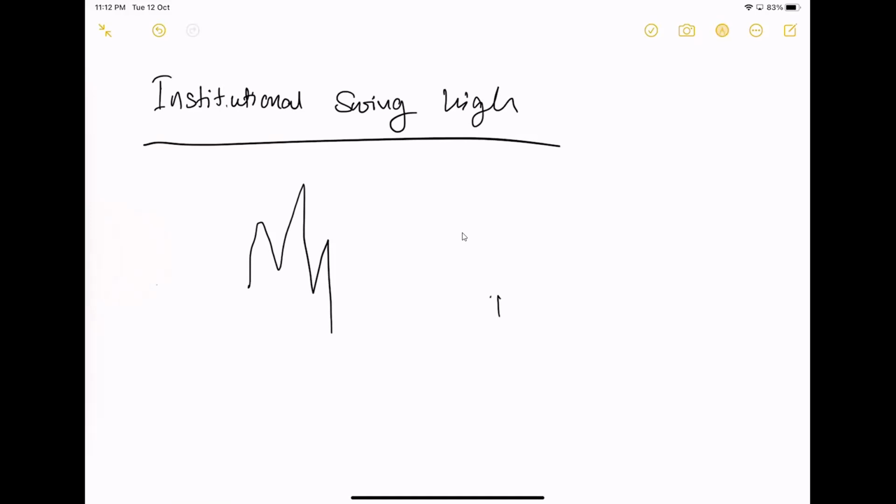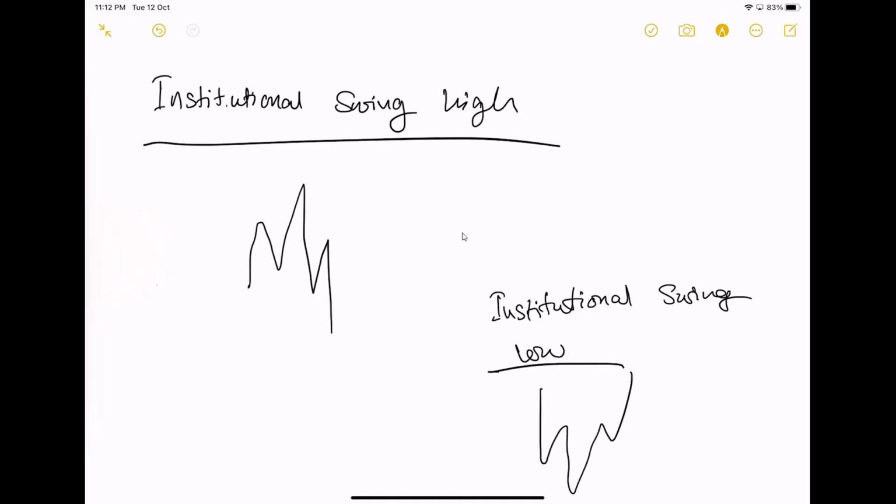Then you have an institutional swing low: 1, 2, 3. You need to have this pattern for it to actually create a price range. Listen carefully: this is the pattern for it to actually create a price range.